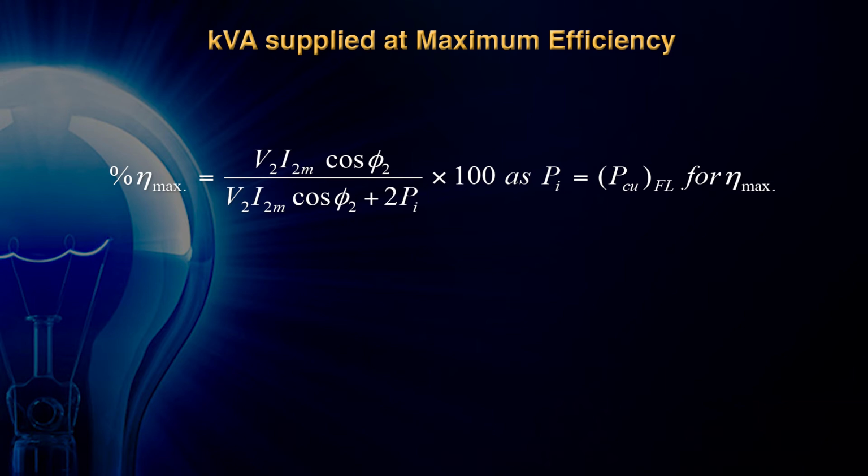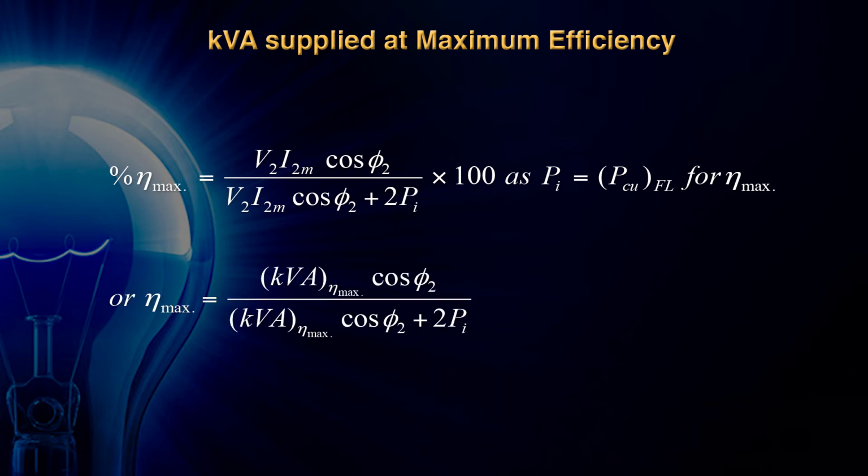Or you can say this maximum efficiency can be written as kVA max multiplied by cos phi 2 upon kVA max cos phi 2 plus 2 Pi, where Pi is iron losses.